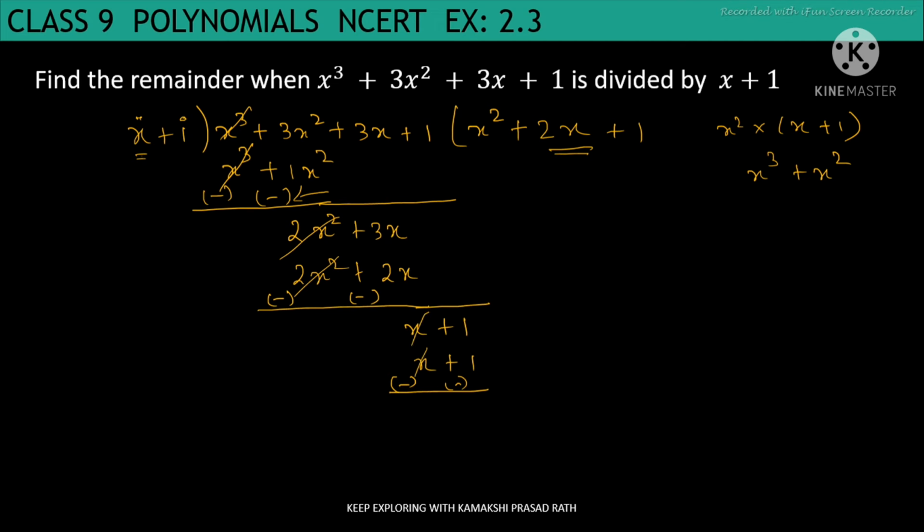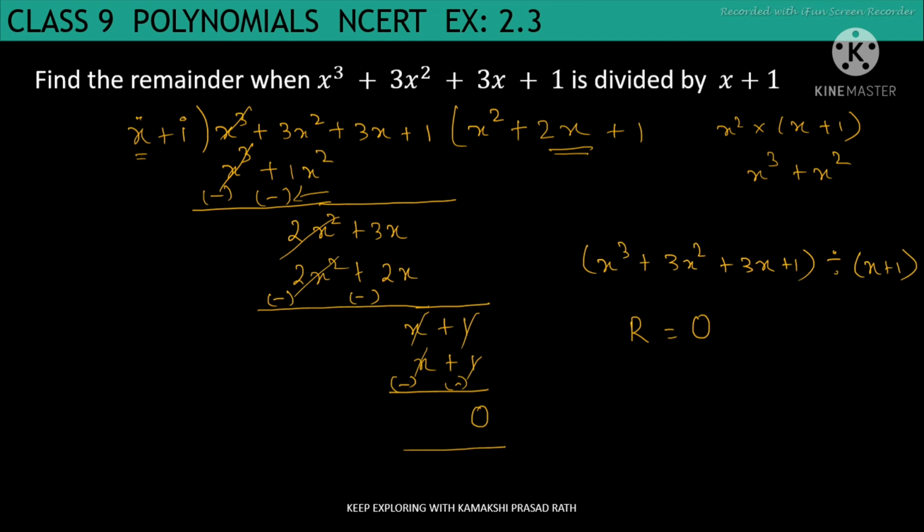Hence we see both cancel, and the remainder we get is 0. Now here we say that whenever x cubed plus 3x squared plus 3x plus 1 is divided by x plus 1, the remainder we get is 0.